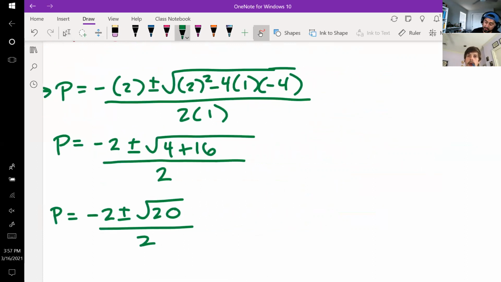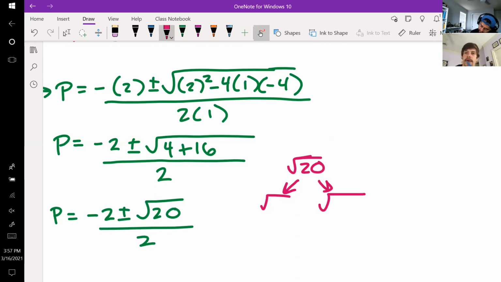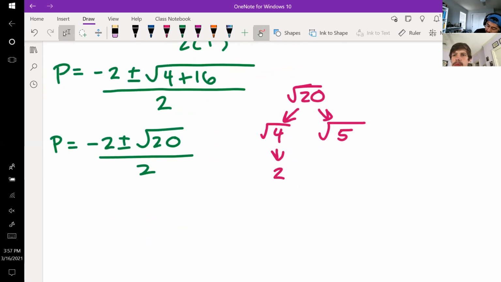Now, can we break down the square root of 20? What are two good numbers? Four and five. Perfect. Because that becomes 2. Can't do anything else with the 5.